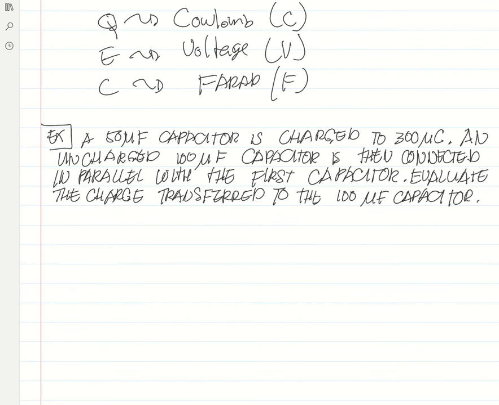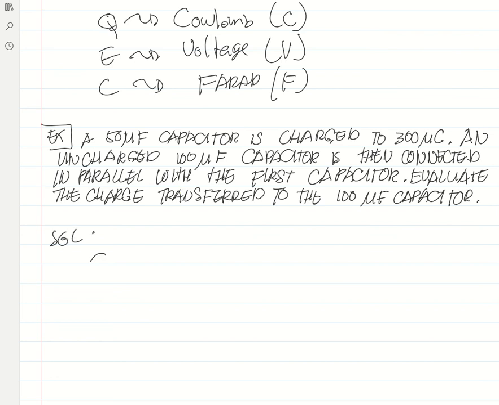A 50 microfarad capacitor is charged to 300 microcoulomb. An uncharged 100 microfarad capacitor is then connected in parallel with the first capacitor. Now, evaluate the charge transferred to the 100 microfarad capacitor. So, how much charge is being transferred from the charged capacitor, the 50 microfarad, to the uncharged 100 microfarad capacitor?